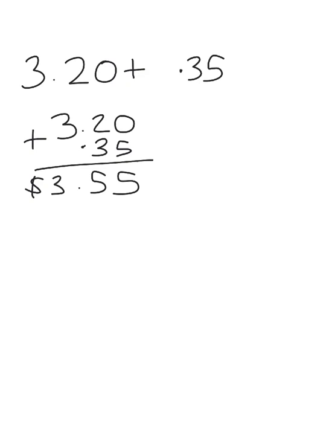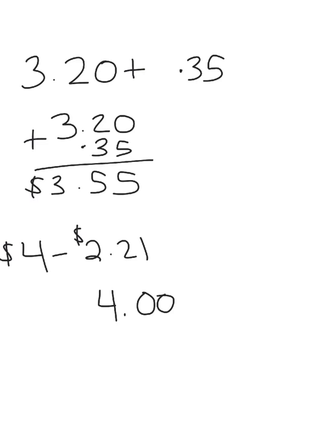The same thing goes if we're going to subtract. So here's an example problem. I'm going to subtract $4 minus $2.21. Now, in order to subtract this, I have to line up my decimal points. So I'm going to write $4, and I'm going to put 2 zeros, even though there aren't any present in the first part of the problem.